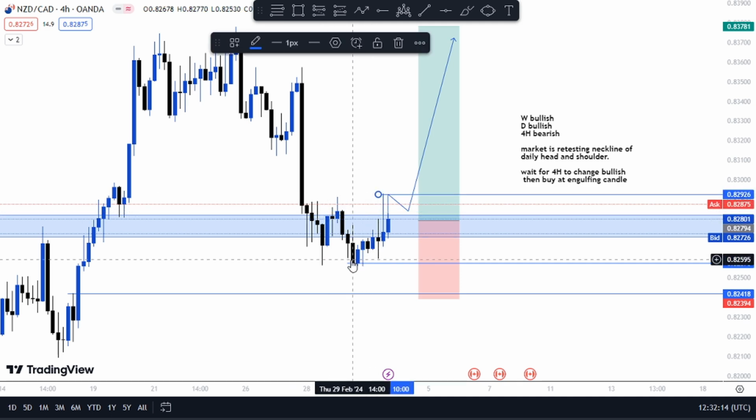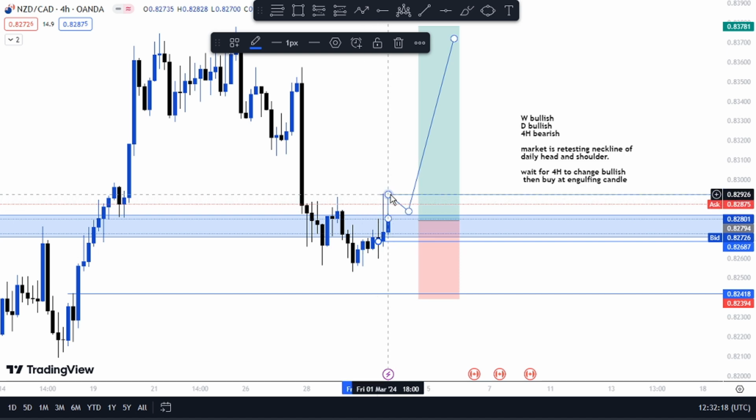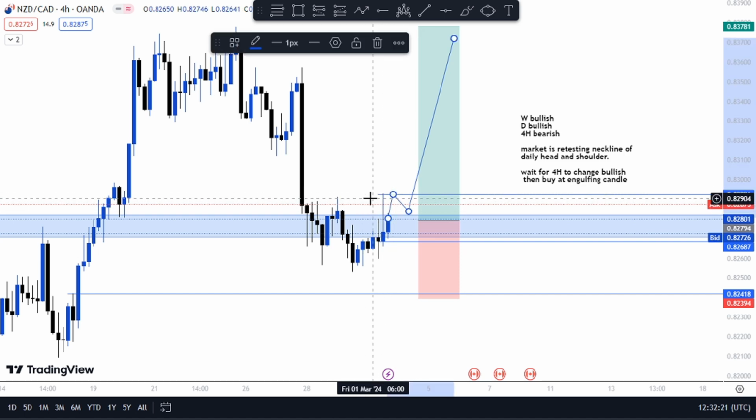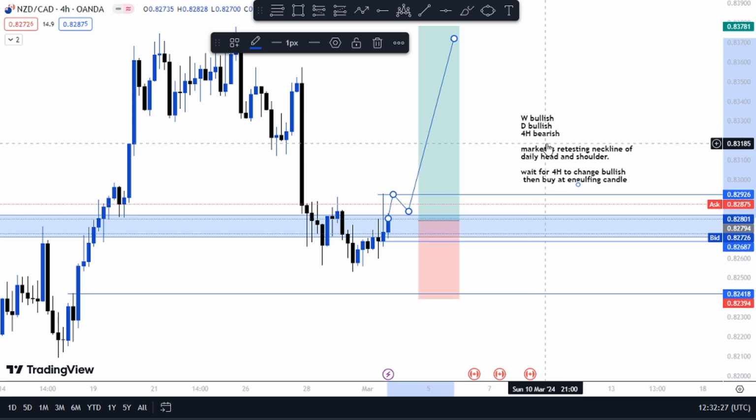If a candle closes above this high, meaning the 4 hour has changed direction to bullish, then what do you think will happen? Then all markets will be in the same direction: the weekly, the daily, and the 4 hour will be bullish.